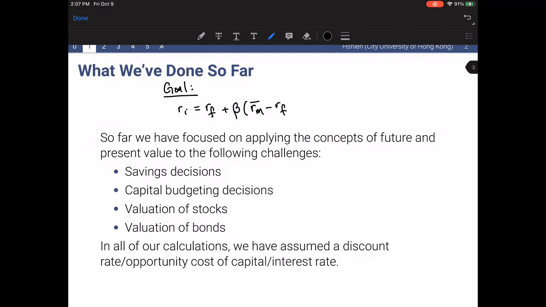Okay, so this model, which we will derive in the next few lectures, takes the following form for the cost of capital. And what this formula is actually saying is that we want to construct a model for the cost of equity such that it's an excess return on top of the risk-free rate.